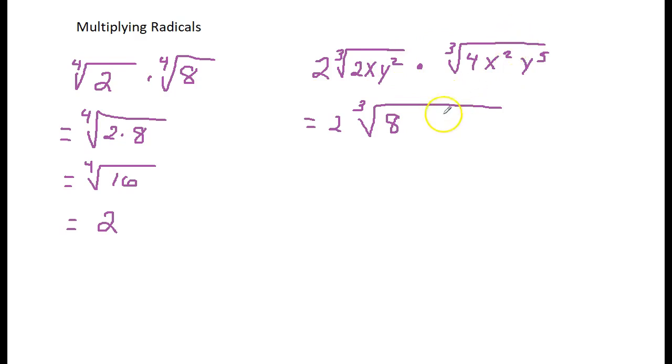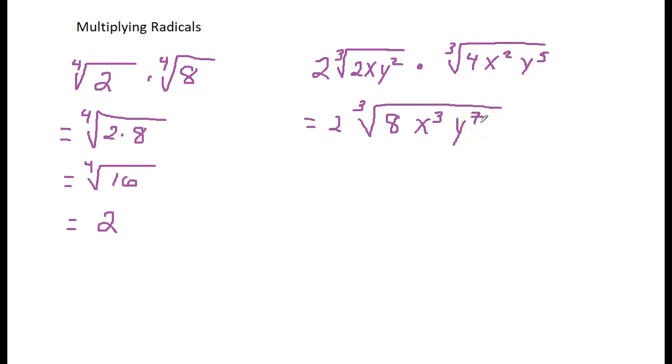So 1 plus 2 makes 3, so it's x cubed. And then for y, add our exponents. 2 plus 5 makes 7. So I have y to the 7th.